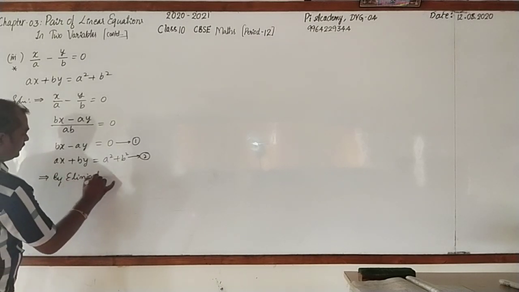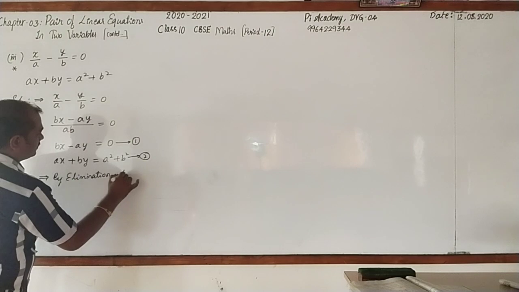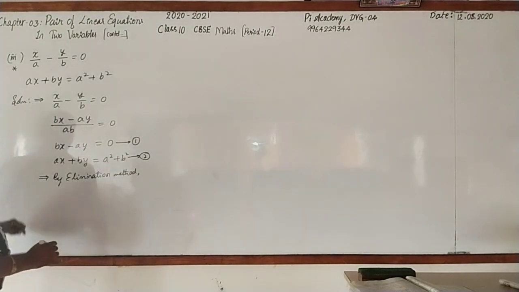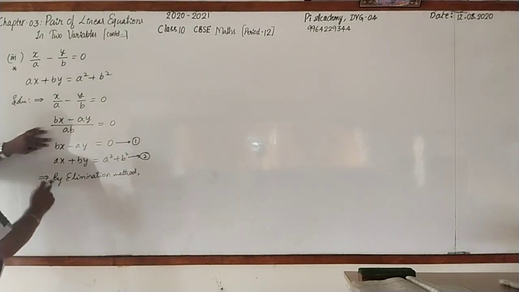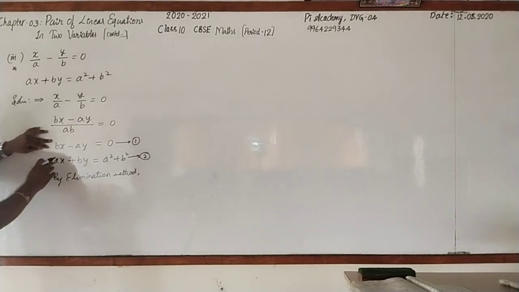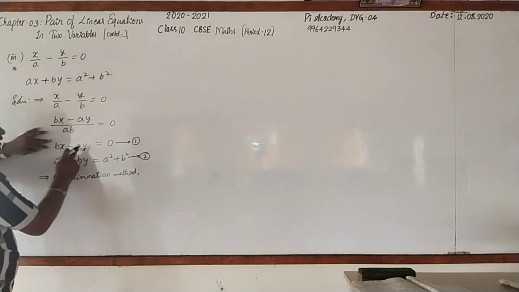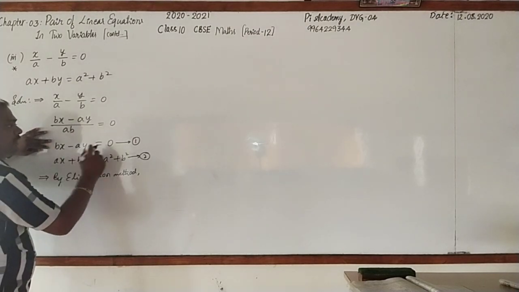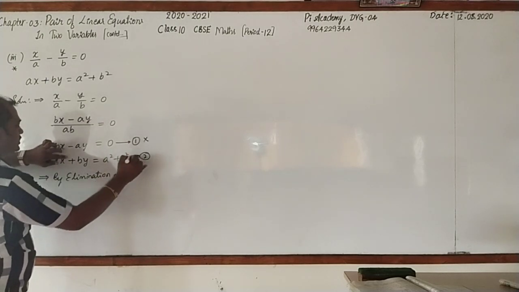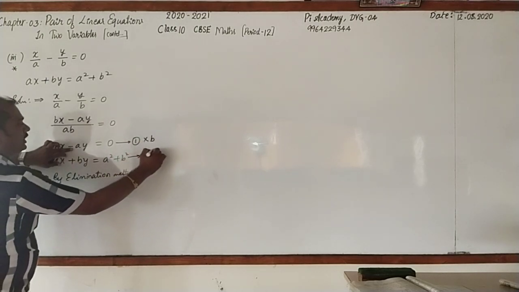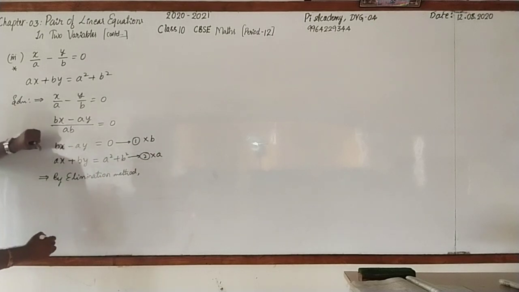Please write with me. Elimination method. How do you go for eliminating? You may go for eliminating either x or y. Let's go for y. So hence equation 1 should be multiplied by b, and equation 2 should be multiplied by a.